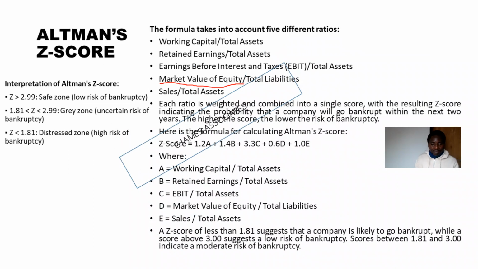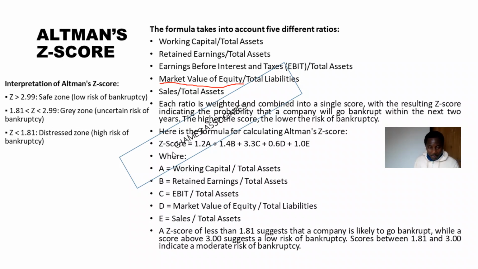Okay? Having said that, each ratio that we've spoken about are combined into a single score, and the single score is this. Sorry, my pen keeps going up and down, but we'll still learn what we have to learn.